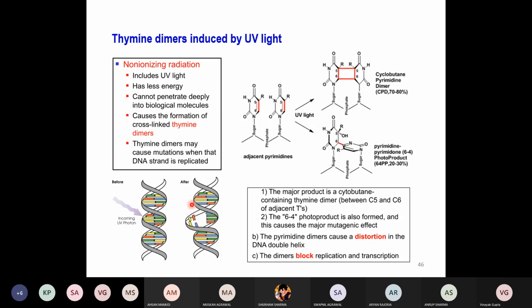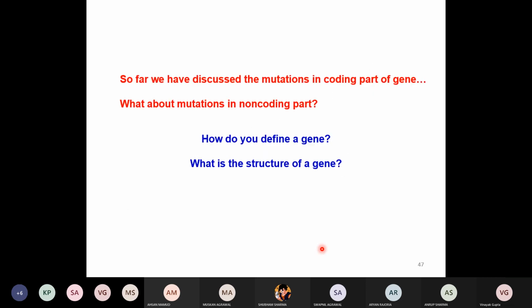And this kind of distortion can block the replication as well as transcription of DNA. So you can imagine if DNA is not getting replicated, or the transcription is blocked, the cell is not going to survive. Okay, so these are the effects of your ionizing radiation and non-ionizing radiation.